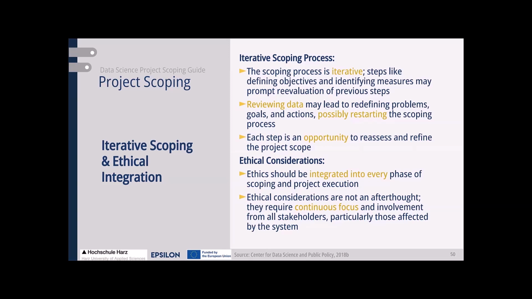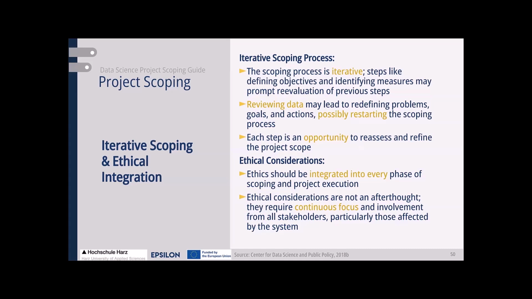Especially at the beginning, is the data that you planned available, or are the results derived from the existing data in line with the assumptions of the initial scope of the project? And therefore, you should always give yourself the chance to restart this scoping process.